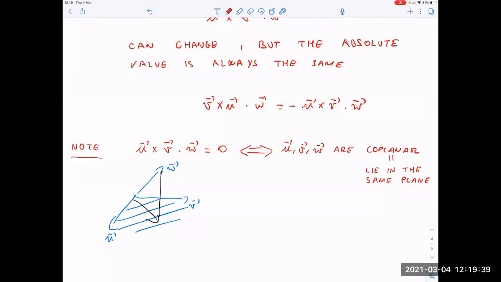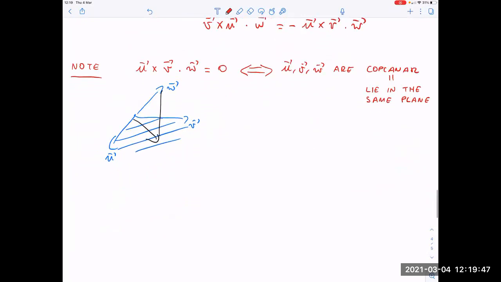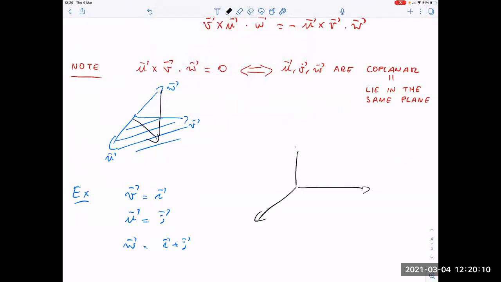Can you show the example of coplanar? I'm not completely sure of what you mean, but let's say a very simple situation could be take V, U, and W like this. This is I, this is J, and this is I plus J. So if we make a 3-dimensional picture, right, in X, Y, and Z, I can put the vectors.